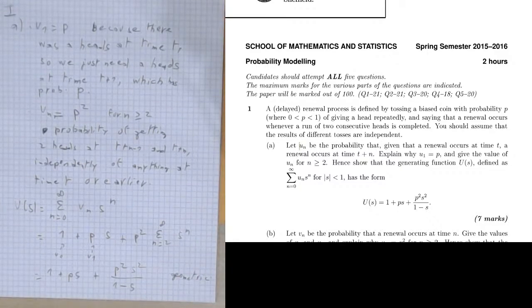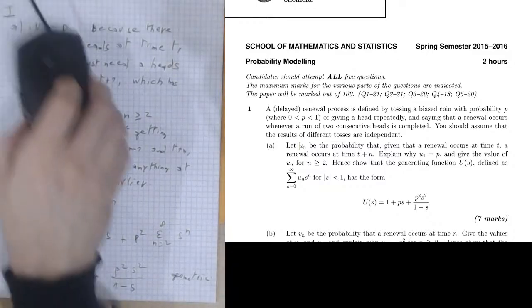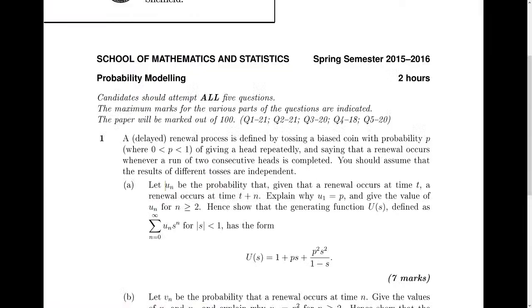So here's a reminder that the answer, U(s), is 1 plus ps plus p squared s squared over 1 minus s, and it is given. So you can use that to find the thing. If you were having trouble finding u_n equals p squared, what you should think is, well, what value of u_n could give me this?